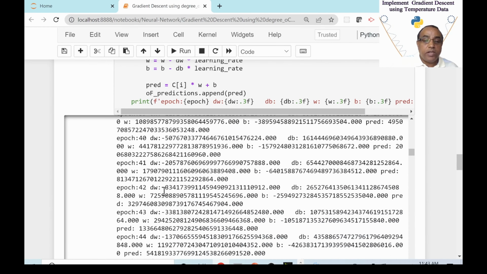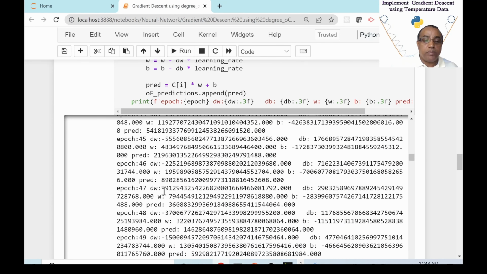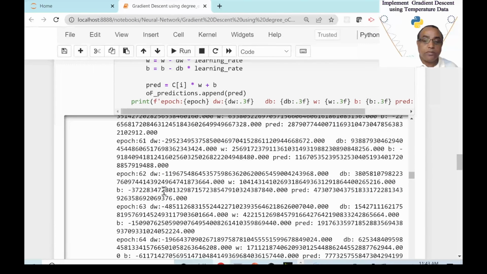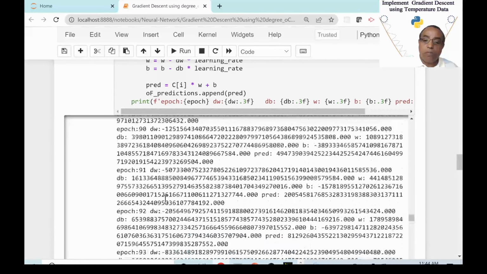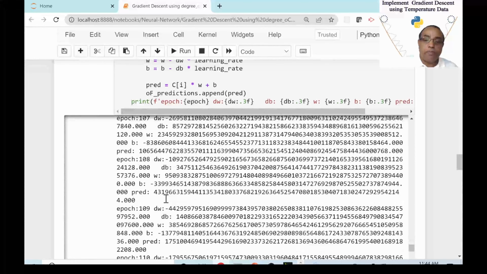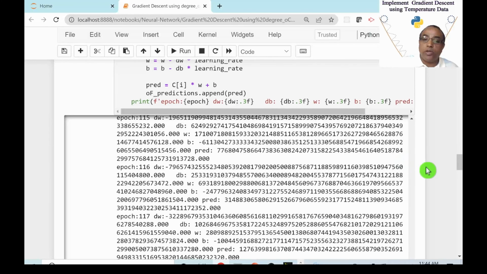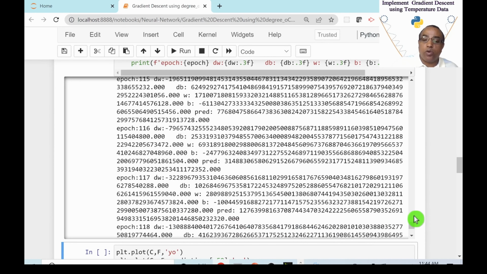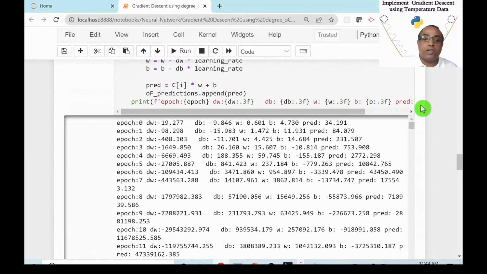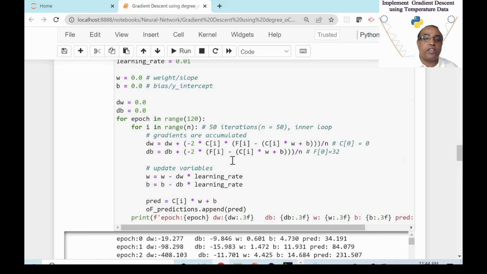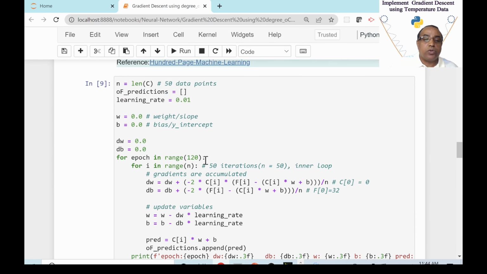The gradients keep increasing, W keeps increasing. So this is not the right way to put the outer loop, because if you put it over there, the gradients keep increasing, the weights keep increasing. So that's not the proper position for the outer loop.